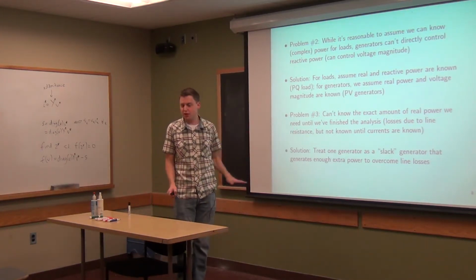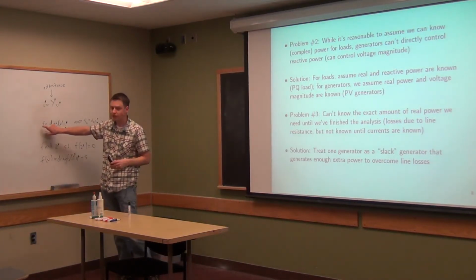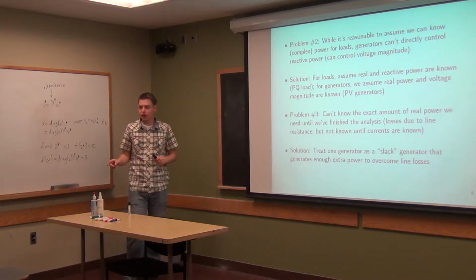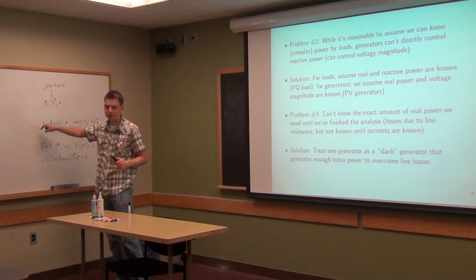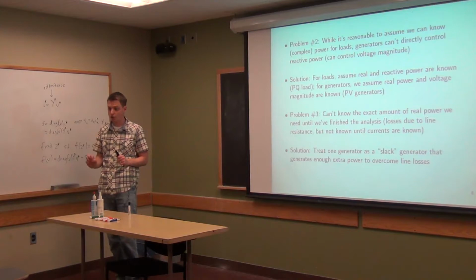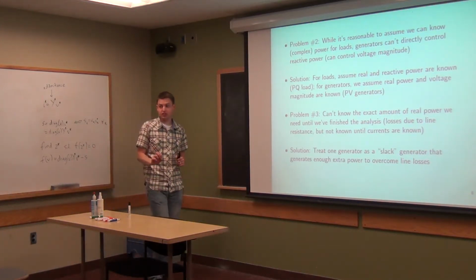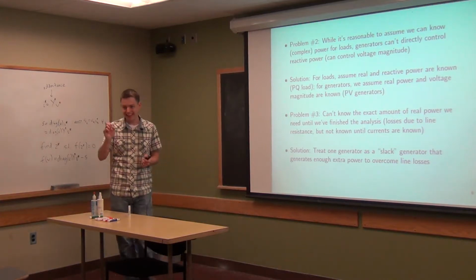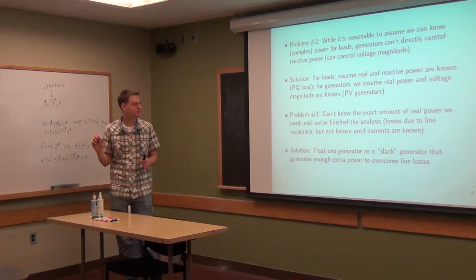So it's reasonable to say that we know what the total S is, the complex power, real and reactive, for a load. It's not that reasonable to say we know what the S is for generators. Because again, we don't actually have any way of really controlling directly reactive power in a generator. What we can control is the absolute voltage, the absolute magnitude of the voltage, not the complex and real parts of voltage, but just the absolute magnitude of the voltage.